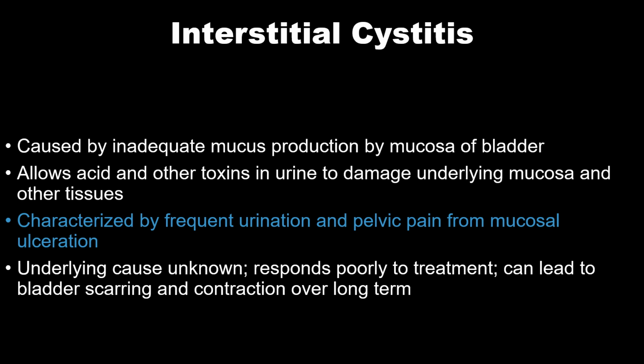And the underlying cause of interstitial cystitis is typically unknown and unfortunately responds very poorly to treatment. Over the long term, IC tends to lead to bladder scarring and to contraction. It's a really unfortunate condition, and hopefully, no one suffers from that in this class.